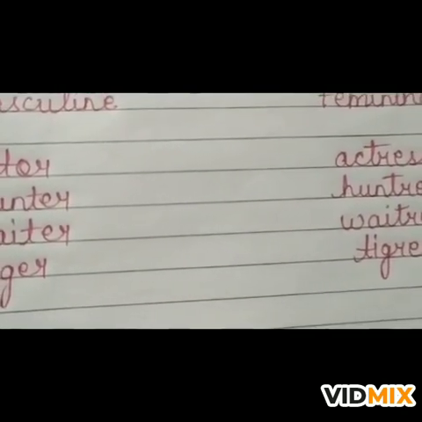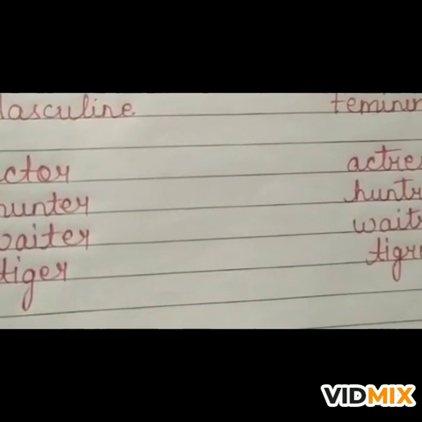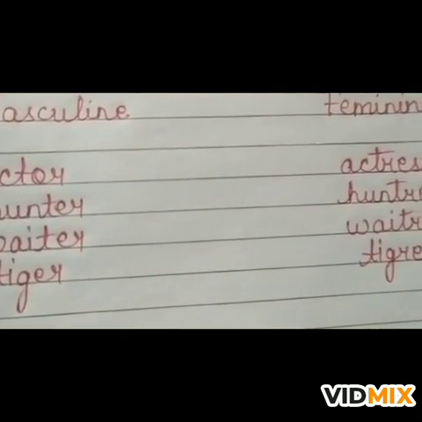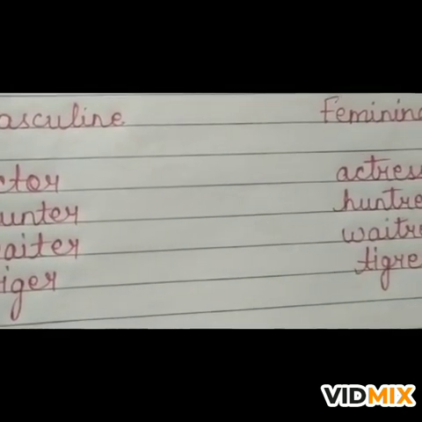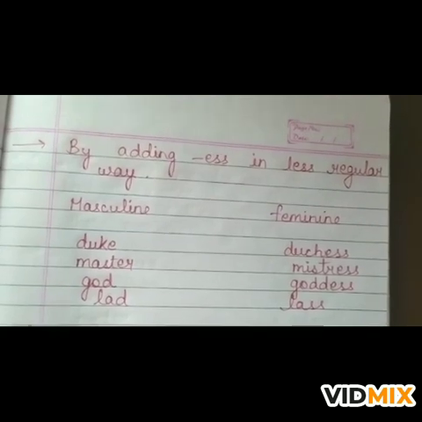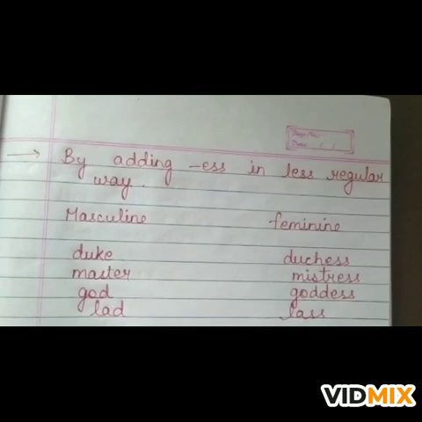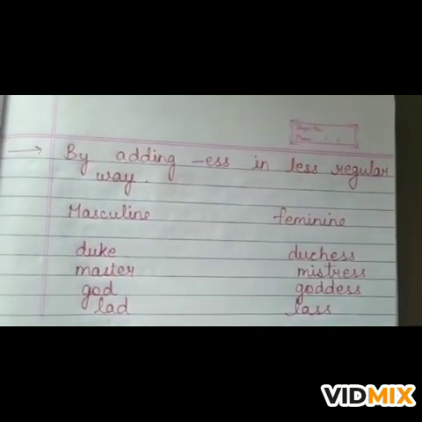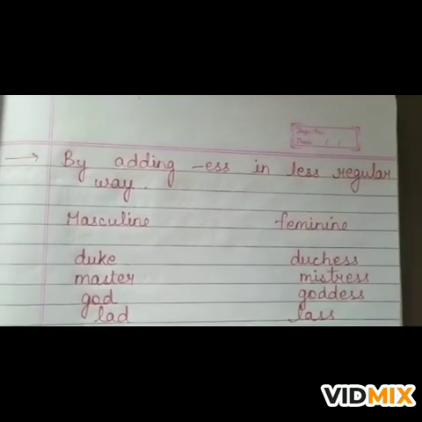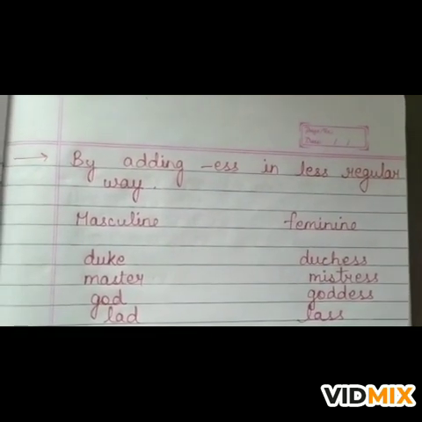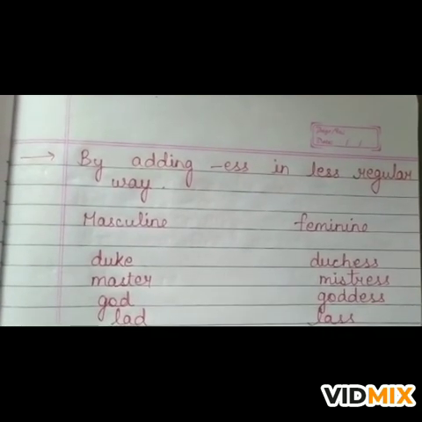The same will be followed with other words, that is hunter, huntress, waiter, waitress, tiger, tigress. Students, another way of changing from masculine to feminine is by adding ess in a less regular way. That is duke, duchess, master, mistress, god, goddess, lad, lass.